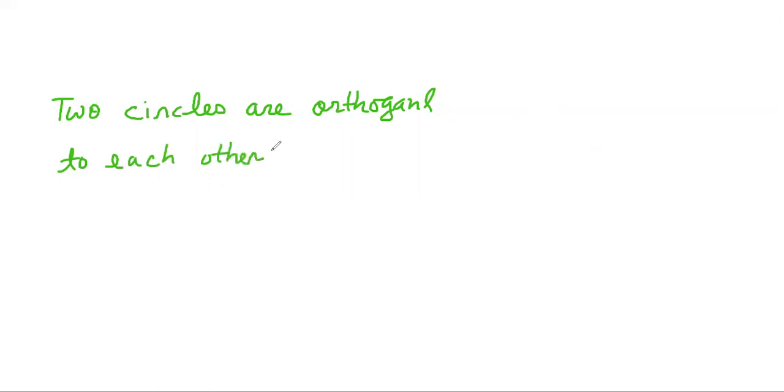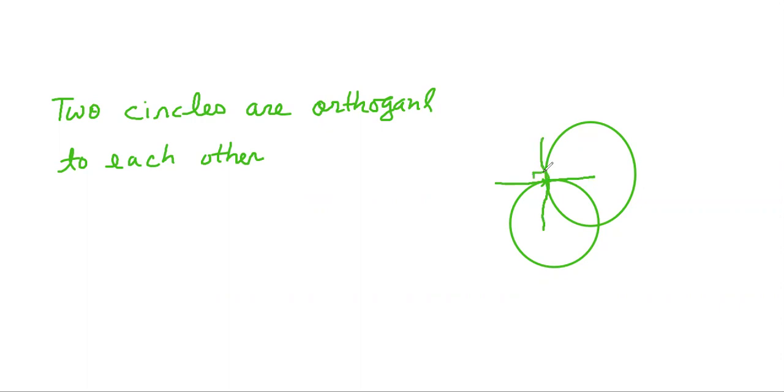Basically, you have one circle and another circle, and these circles are intersecting or cutting each other at 90 degrees.